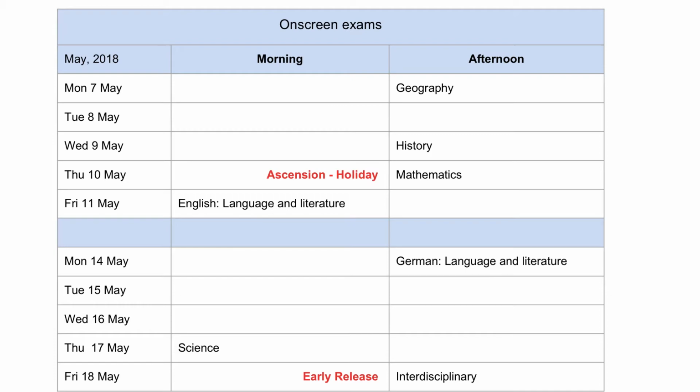Similarly, Friday the 18th of May is an early release, but students have to stay for their interdisciplinary exam that afternoon. If students are absent on the day of an on-screen exam, they won't be able to just come to school and take the exam the next day. The exams are only available on the days and the times shown above.